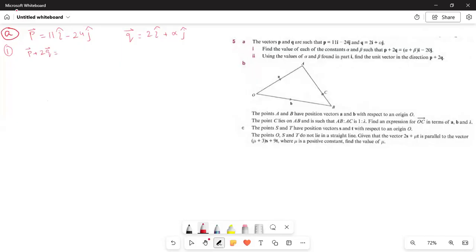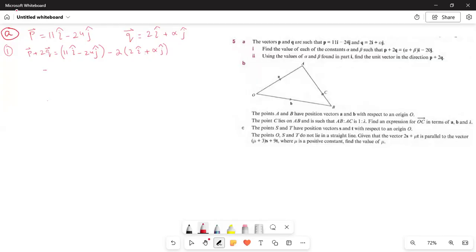It is going to be 11i minus 24j, this is p, minus 2 and q is 2i plus alpha j.